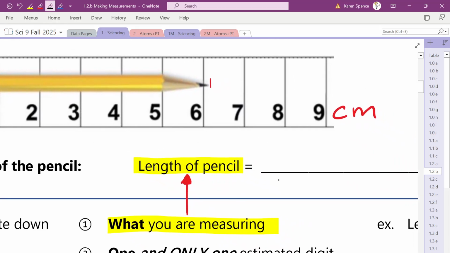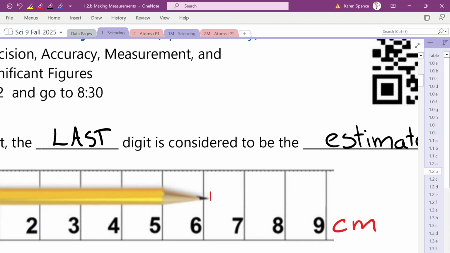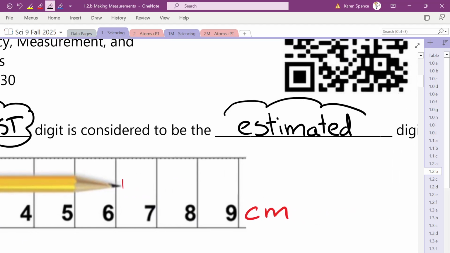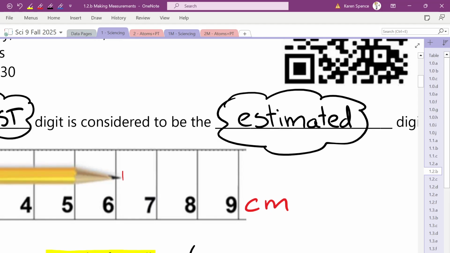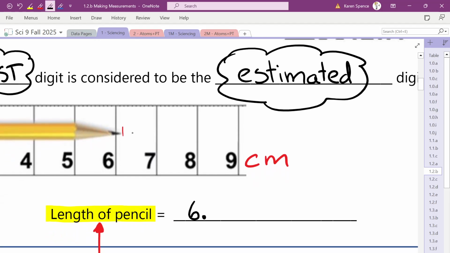So we're going to write down 6 point. And then remember what we said about measurements is that our last digit is going to be the estimated digit. So we're going to be estimating what number comes after the 6. What do you guys think? 6.1. That would be a good estimate.